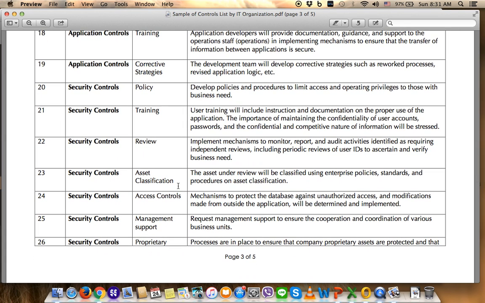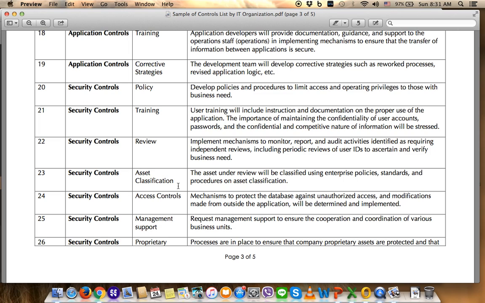The next is a corrective strategy. The development team will develop the corrective strategy such as reverse progress, revive application login, something like that. So the next is a policy, is to develop the security control on the policy and procedure to limit the access and operating privilege to those with business needs.